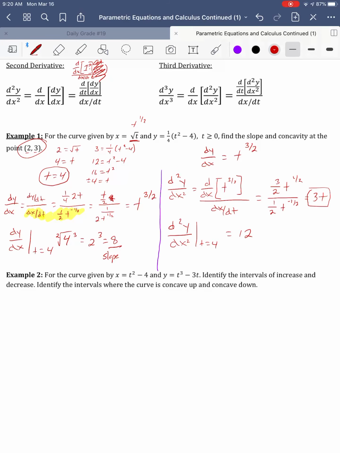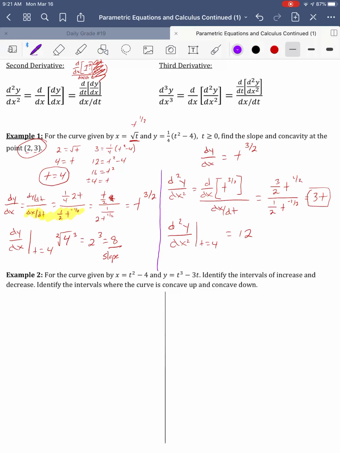All right, next one. It says, for the curve given parametrically, identify the intervals of increase and decrease. A function is increasing where its derivative is positive, and a function is decreasing where its derivative is negative. Start with intervals of increase and decrease. I'm going to draw a little line down the middle of my page. Two different questions here.